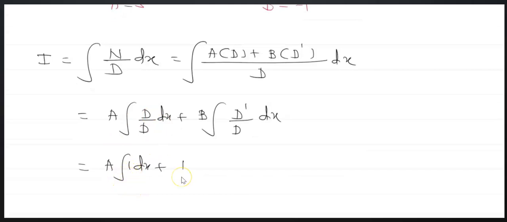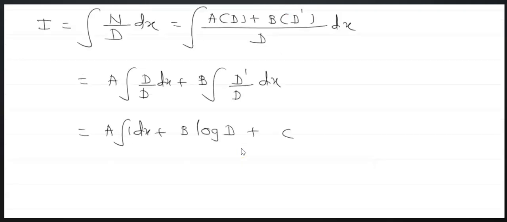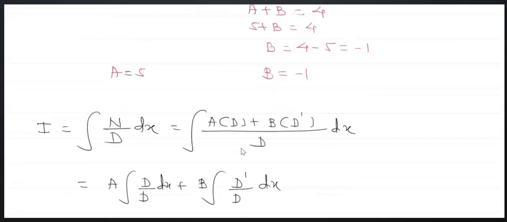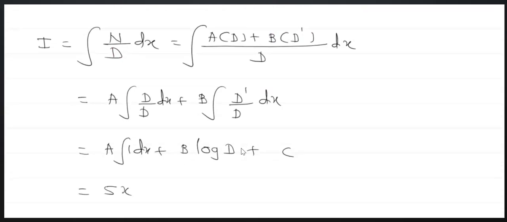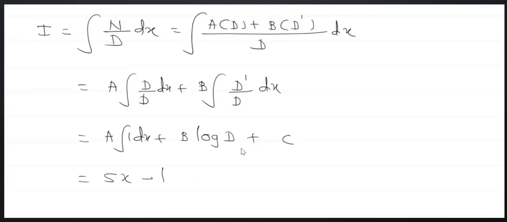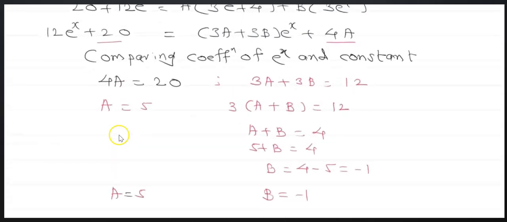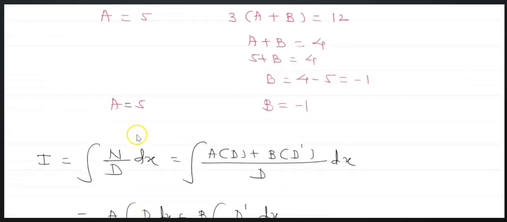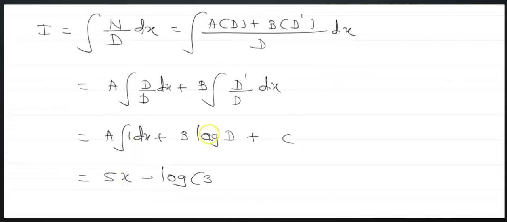Integral of 1 dx plus b log of d plus c. Substitute the values of a and b. That is a is 5, integral of 1 dx is x, minus log of 3 e raised to x plus 4 plus c. This is the answer.